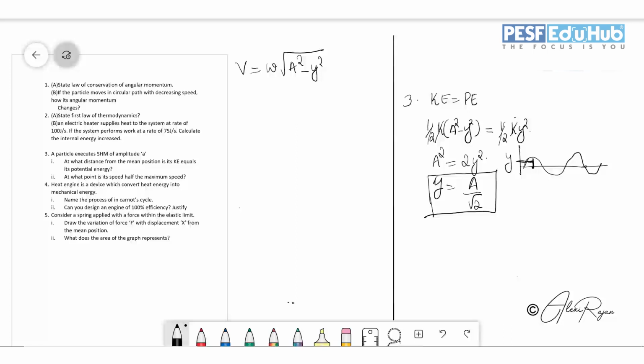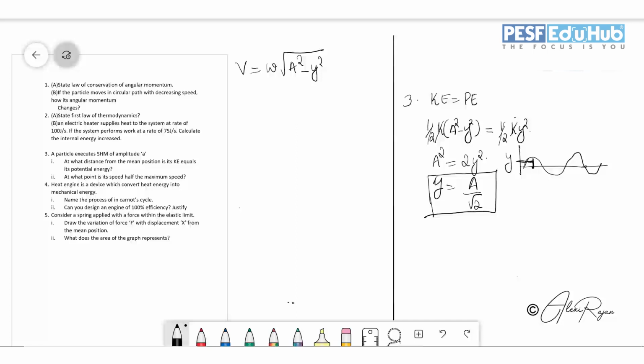So v is equal to omega root a square minus y square. From each question there will be a hidden clue, or they will give some key points. You want to catch those things and solve that thing.